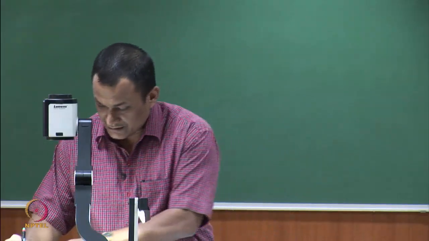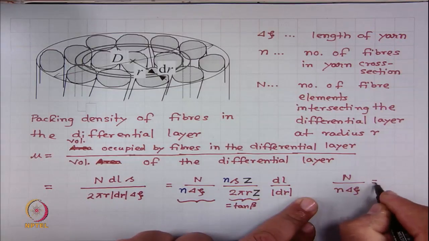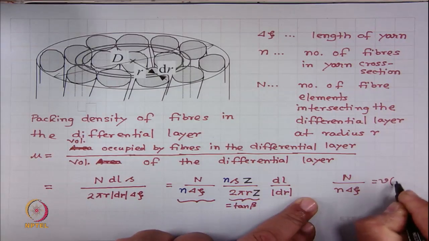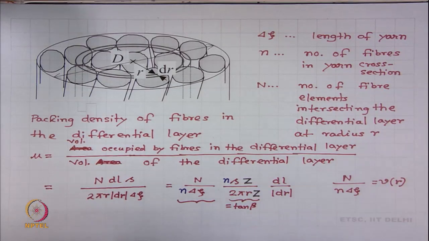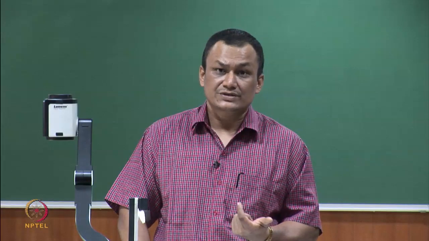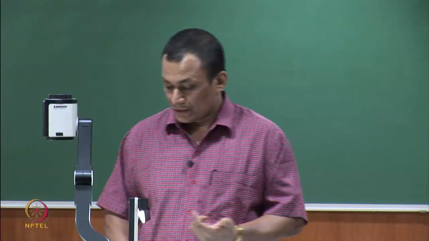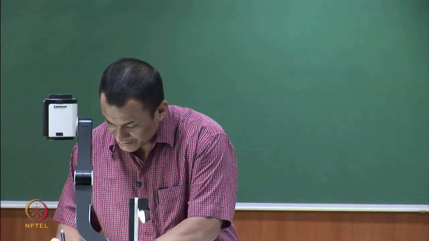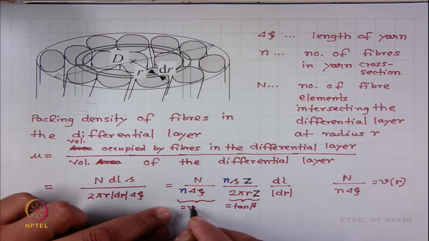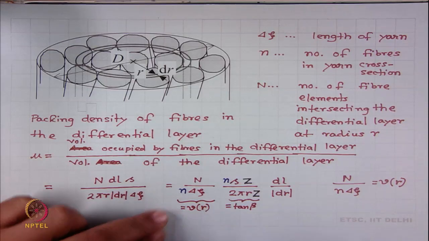This is, let us say, a function nu of radius r. This we consider as a function of r, because if r changes, this number will of course change. So, this we will substitute by nu of r.